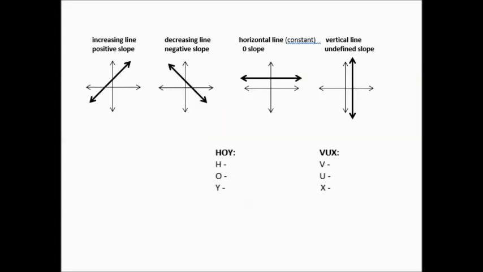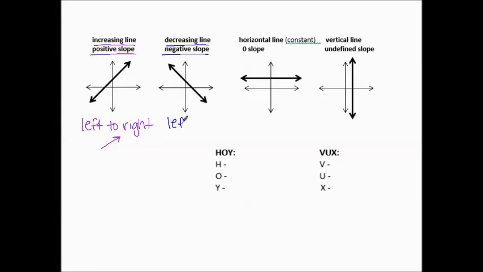Let's take a quick review at increasing, decreasing, horizontal, and vertical lines. So if we recall that increasing lines have positive slope, remember that this is from left to right. When we travel from left to right, we go up. A decreasing line has negative slope.